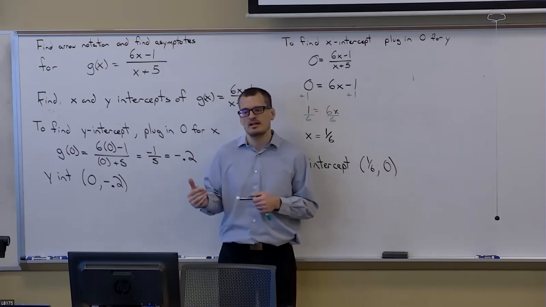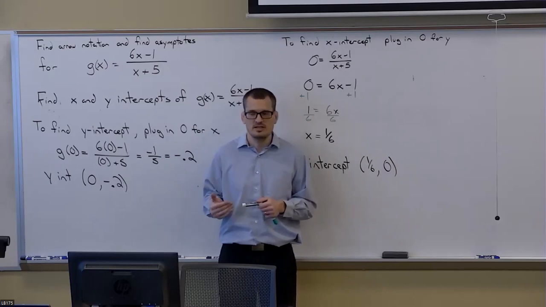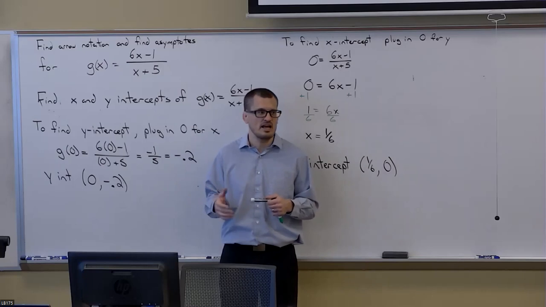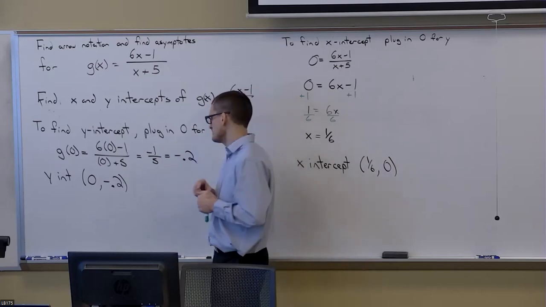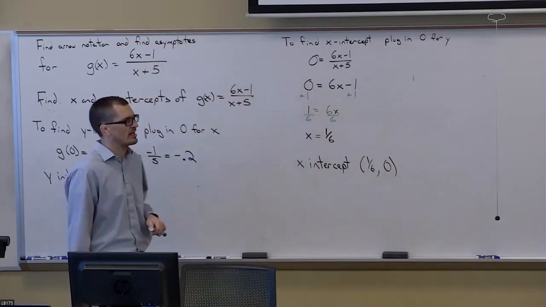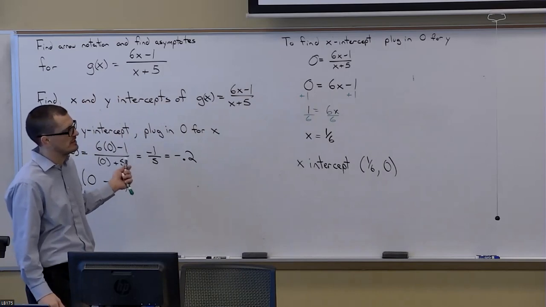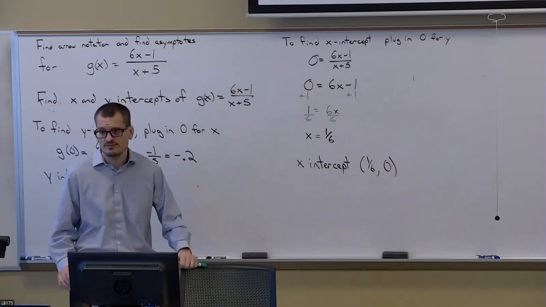You can also recognize the graph of a rational function by simply graphing it on your calculator, or on Desmos, typing it in and saying, oh yeah, it looks like that. So other than recognizing the graph, this is basically what we have for 3-7.